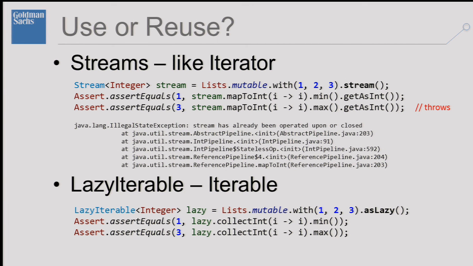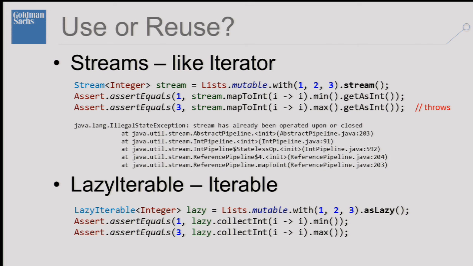Whereas the Eclipse Collections lazy object, when you call that asLazy method, what you actually get back is a LazyIterable, which behaves much more like a lazy collection than it does an iterator. So you can actually use it for doing stuff and then reuse it.